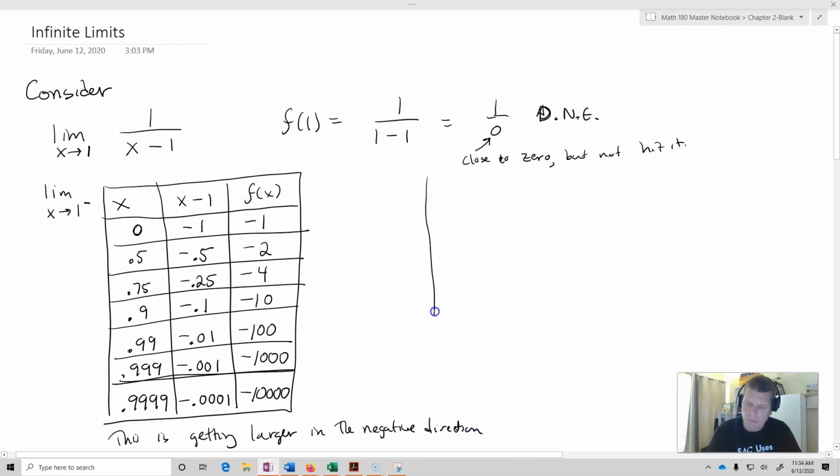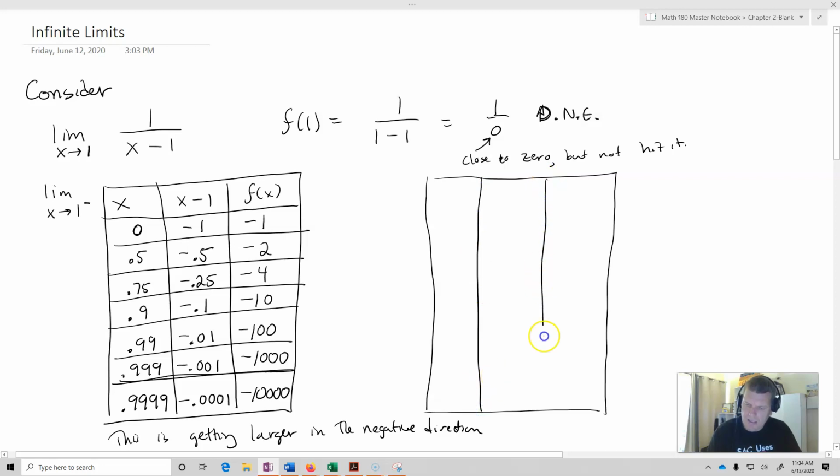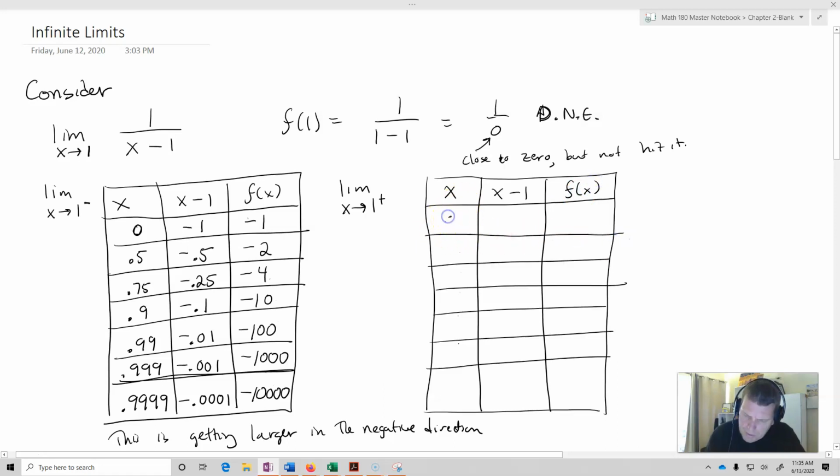Now let's take a look at the other side. What happens as we approach 1 from the positive side? Here, the limit as x approaches 1 from the positive side. We have x, x minus 1, and f of x. We'll make this one 2, and then we'll have 1.5, 1.25, 1.1, 1.01, 1.001, and 1.0001.